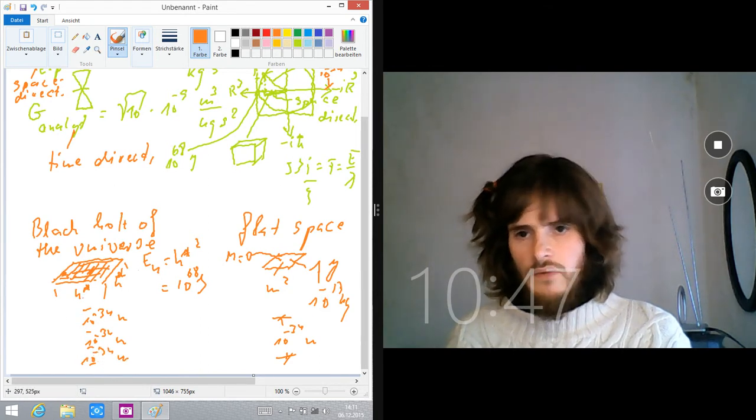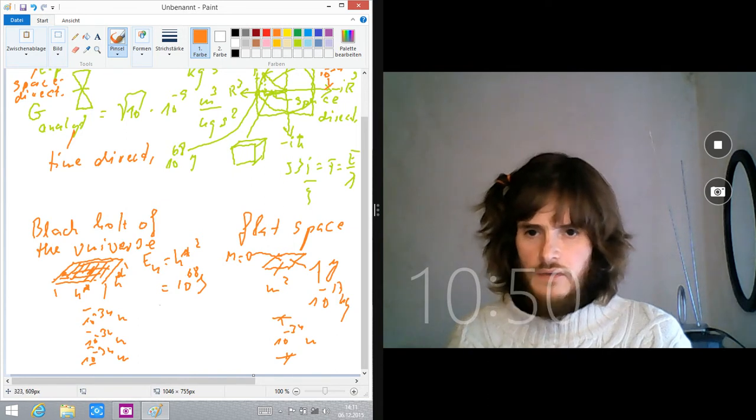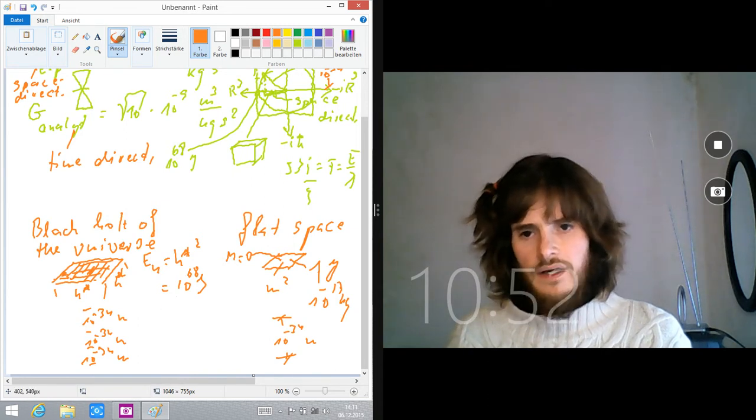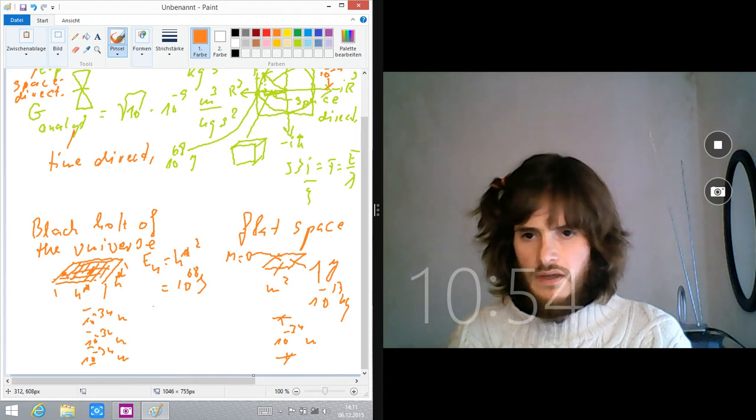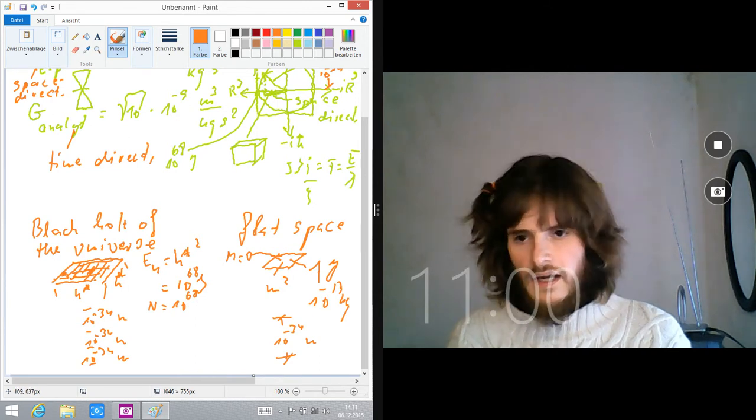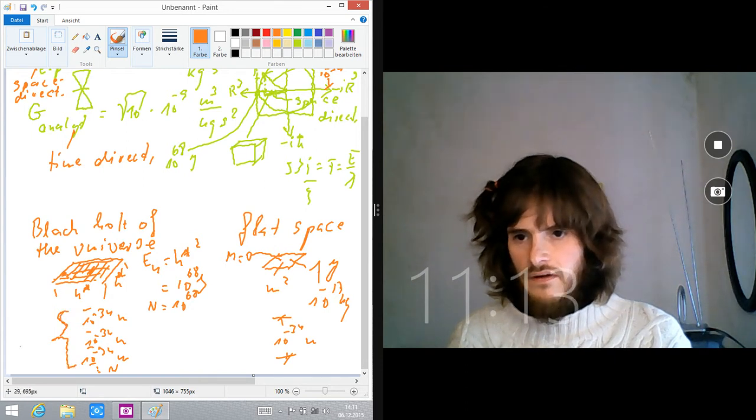And if we have this value here, then we have for the macrocosm 10 to 68 energy states. And this follows here to a row of 10 to 68 energy states, and this is why the black hole has here a depth of 10 to 34 meters.